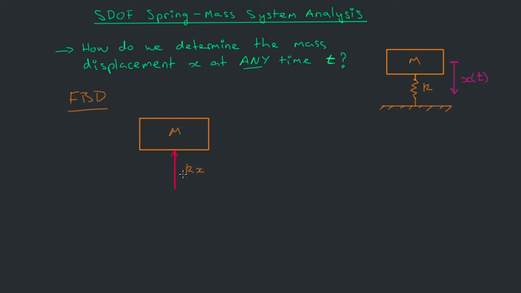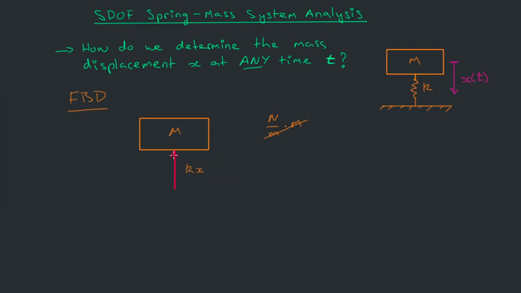K is the spring constant, which is in newtons per meter, and X is in meters. When we do the unit balance, the meters cancel out and we just have the newtons left, which is our force.